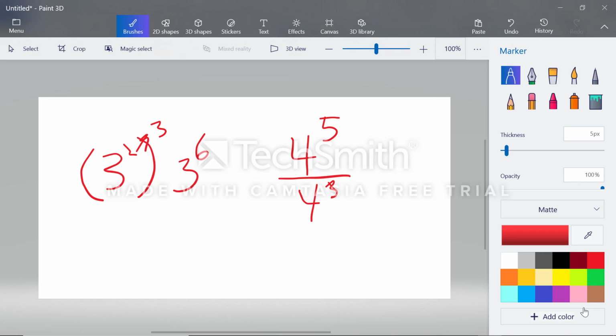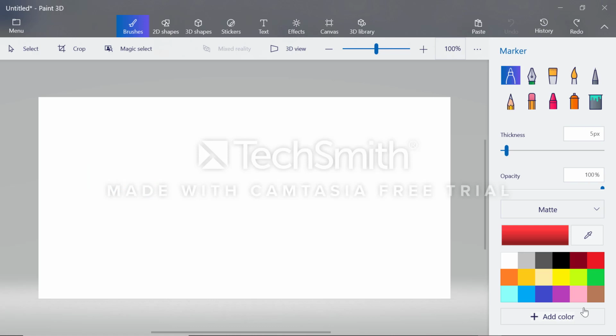Simply going to subtract, right? This becomes 4 to the 2nd. Simple, right? Basic. Different bases. So I showed you that.